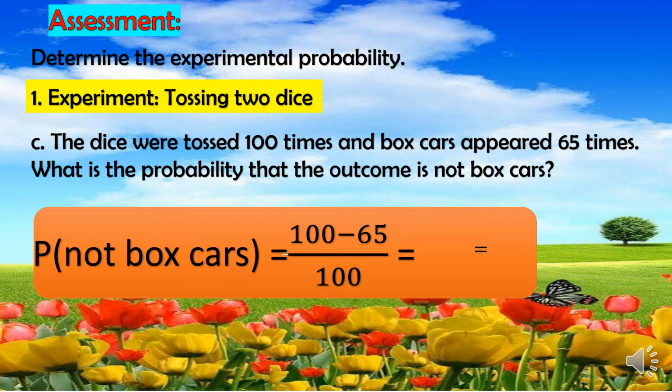So that means 100 minus 65 over 100, which is 35 over 100. In lowest terms, you will get 7 over 20. So the probability of getting not boxcars is 7 over 20.